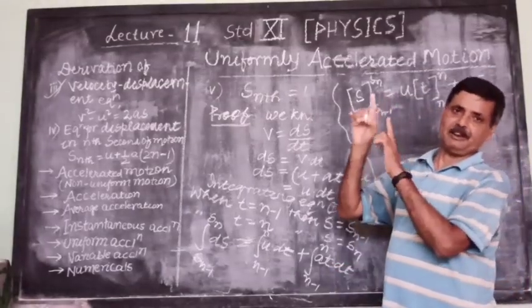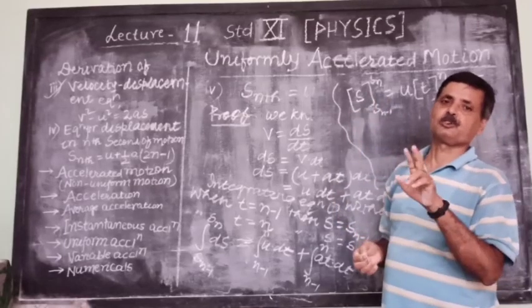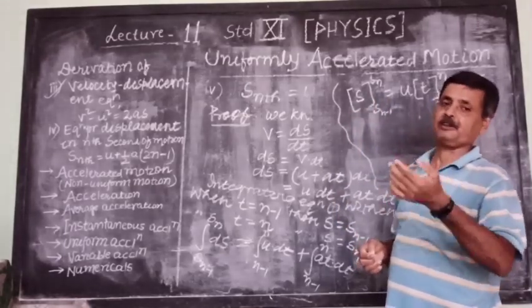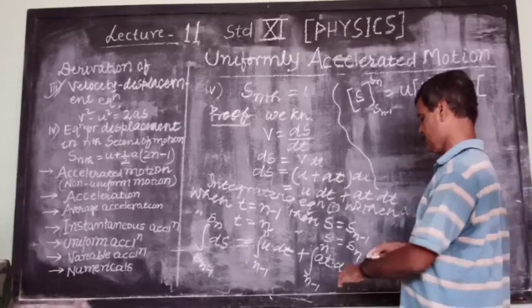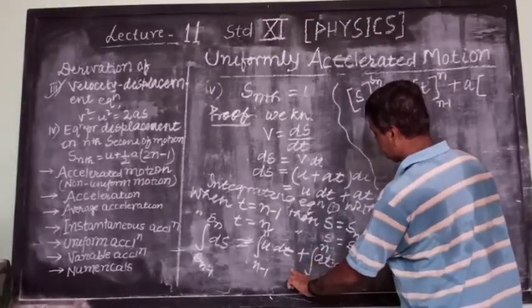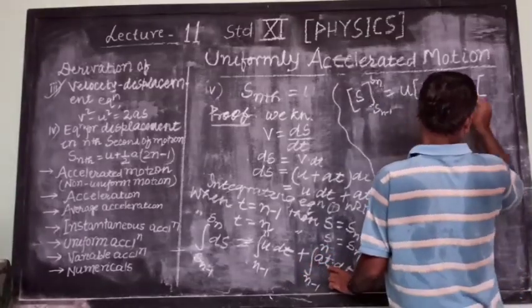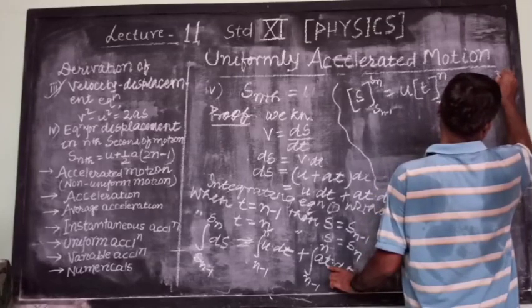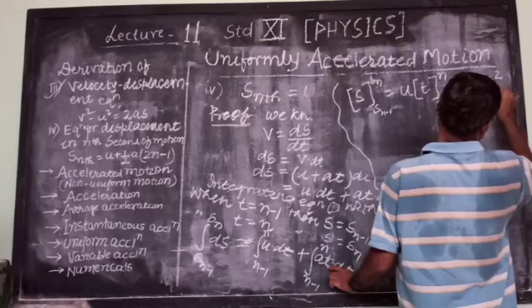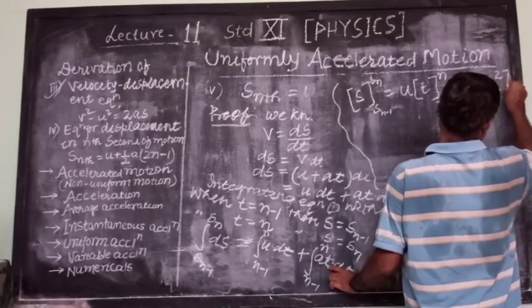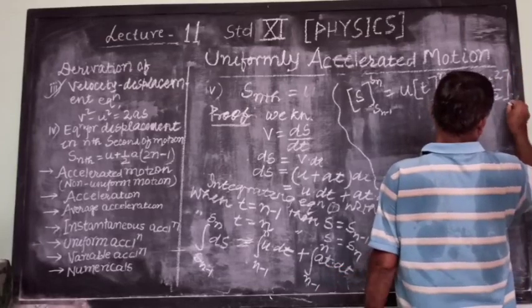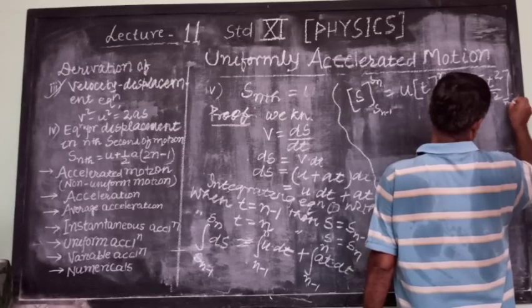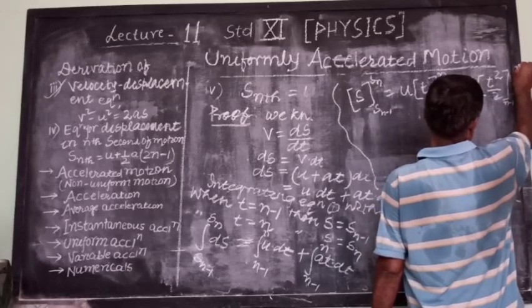X to the power n into dx is X to the power n plus 1 by n plus 1. So here, only t dt, so it will be t to the power 2 by 2. Range n minus 1 and upper limit is n.